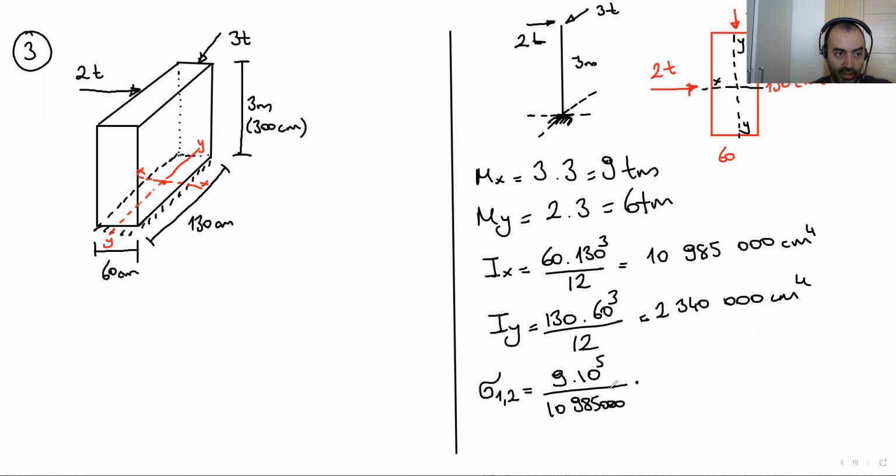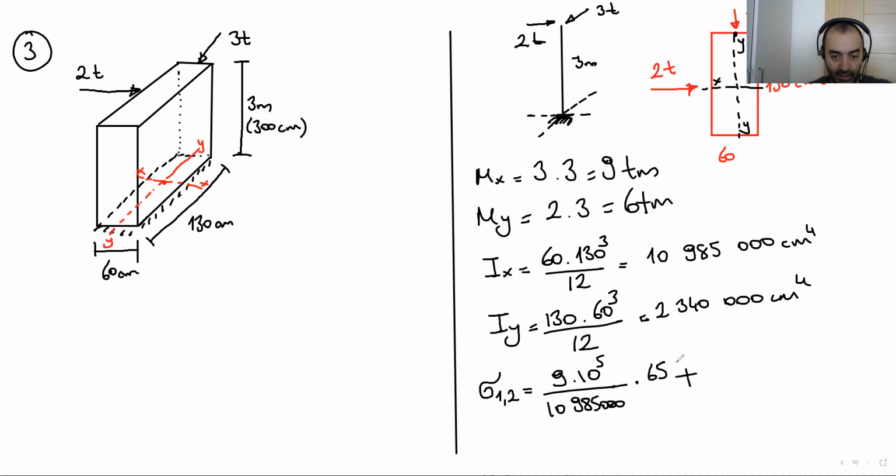What we need is the maximum distance, which is half of the 130, because we are looking for the stress here.